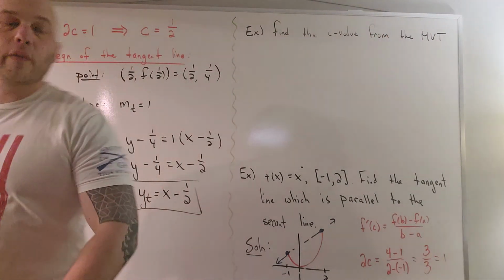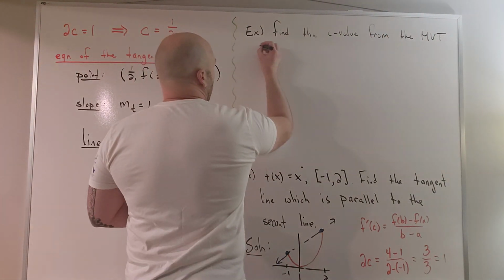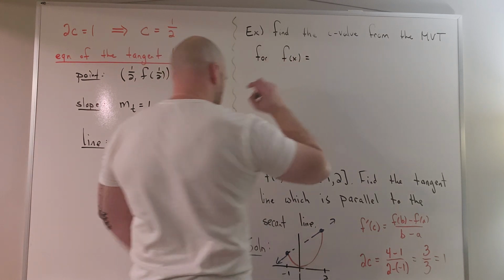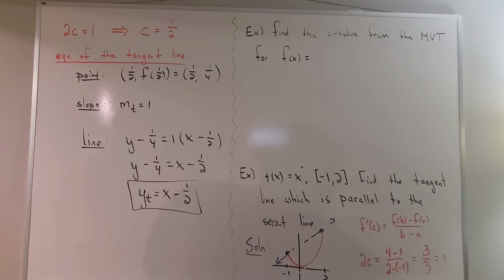Find the C value from the mean value theorem for the function f of x is equal to, let's see, so we did a quadratic, so let's not do a polynomial.